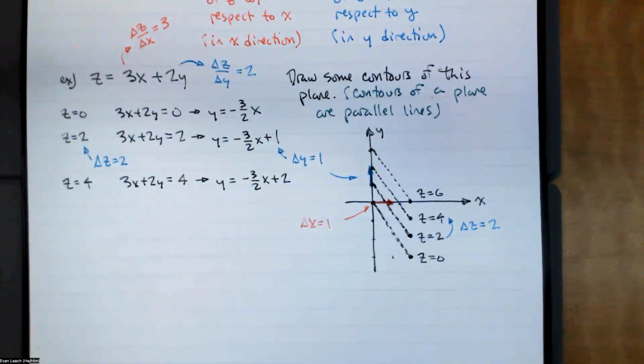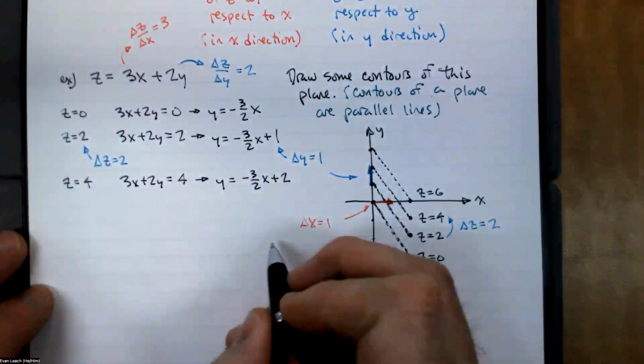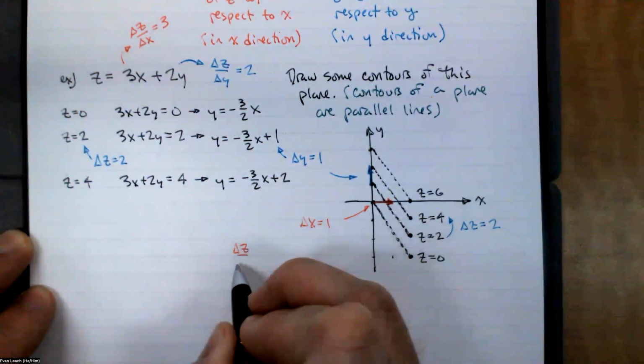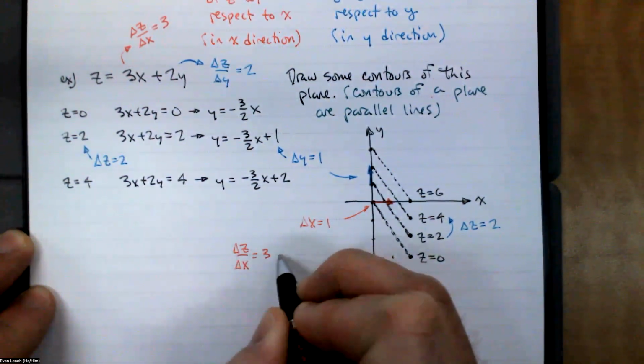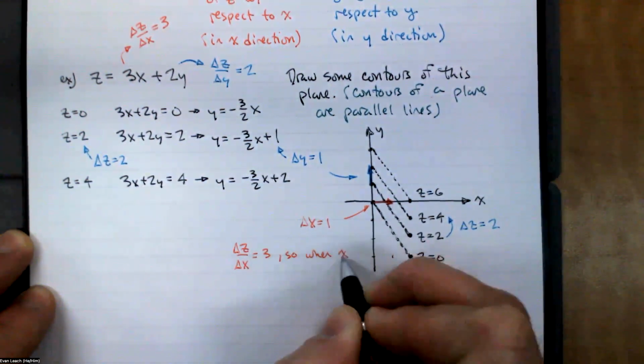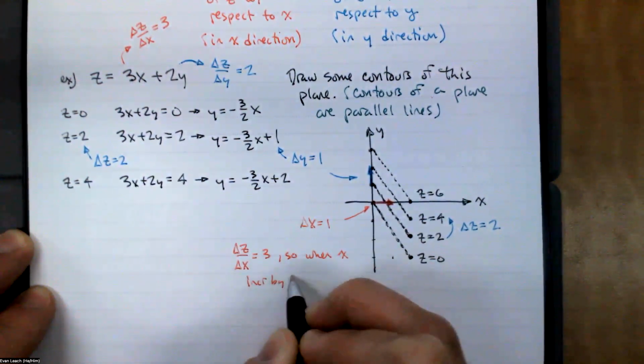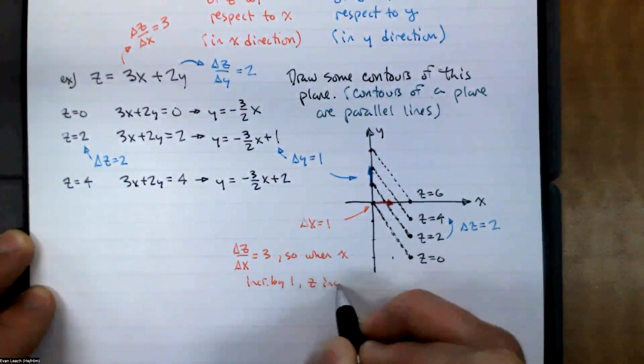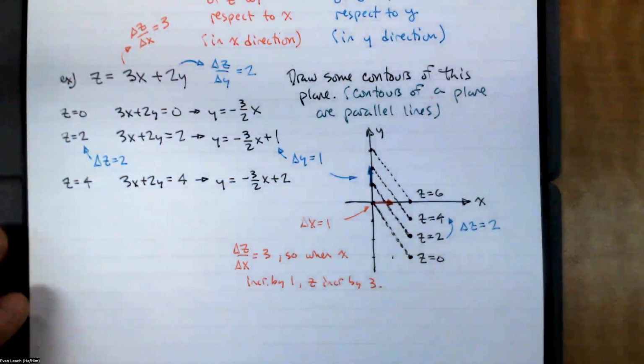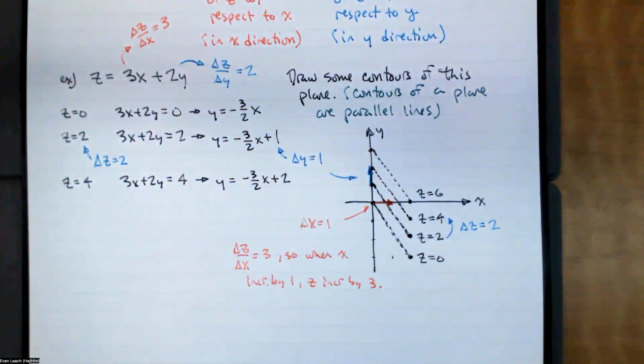It went from 0 past 2, because when x increases by 1, z increases by 3. So if x increases by 1, we'll be at the contour that has z equal to 3. It's going to be in between the 2 and the 4.